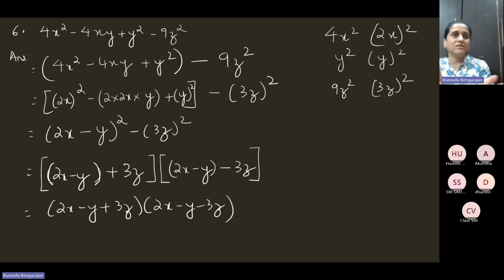But they were already in a row, one after the other, so you didn't have to rearrange. Put a bracket, minus 9z square separately. Then factorize this. And again, it is of the form a squared minus b squared. So again, factorize using a plus b into a minus b. This is important. If you have not completed this, please work it now.